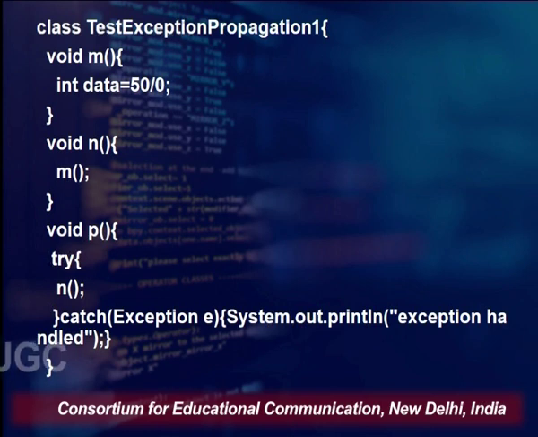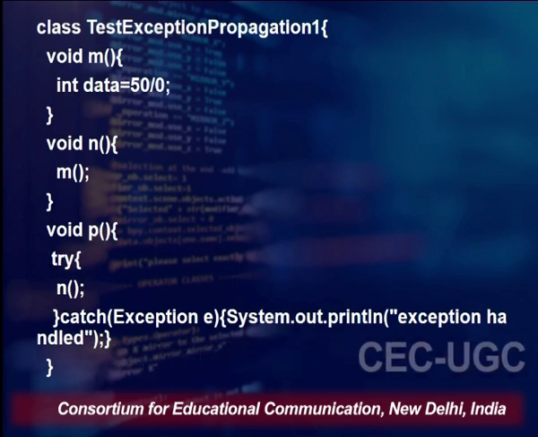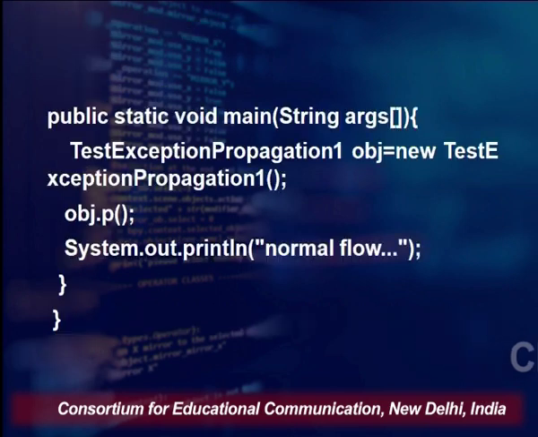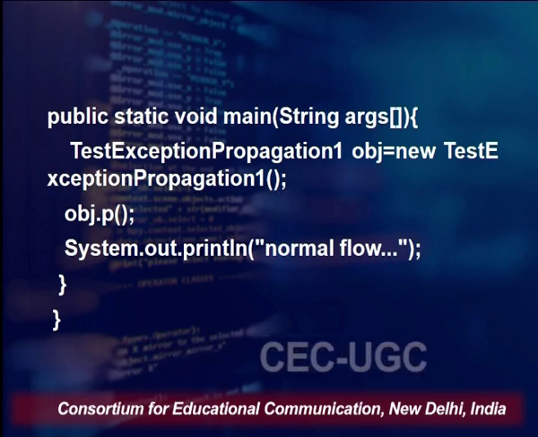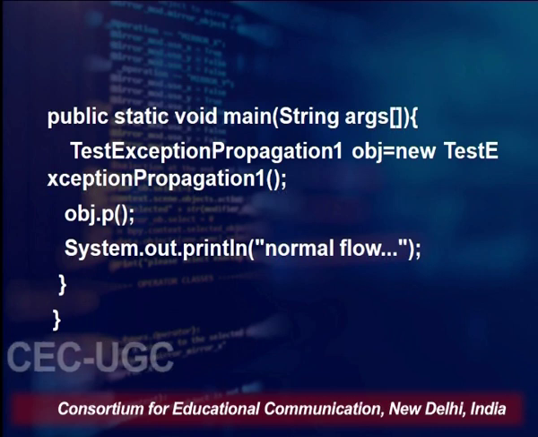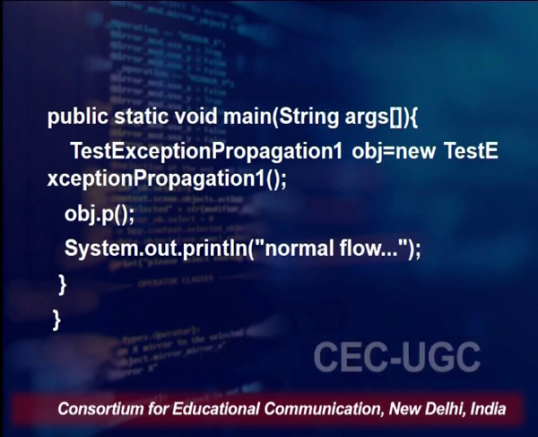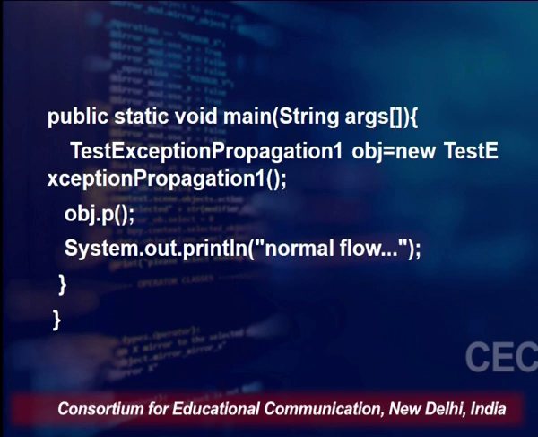And then after the try we have written a catch block in which the exception is handled. In the driver code we have written a main method, we have created an object of this class called obj, and with the help of that object we have called p.